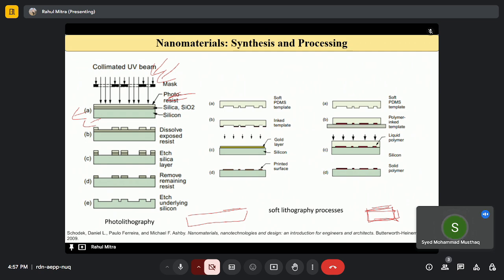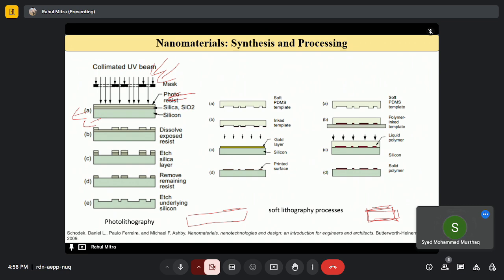If you have a positive photoresist, sorry, if you have a negative photoresist, then the surfaces which are not exposed to the UV will remain the same, but the regions which are exposed to the UV beam will have different characteristic properties.